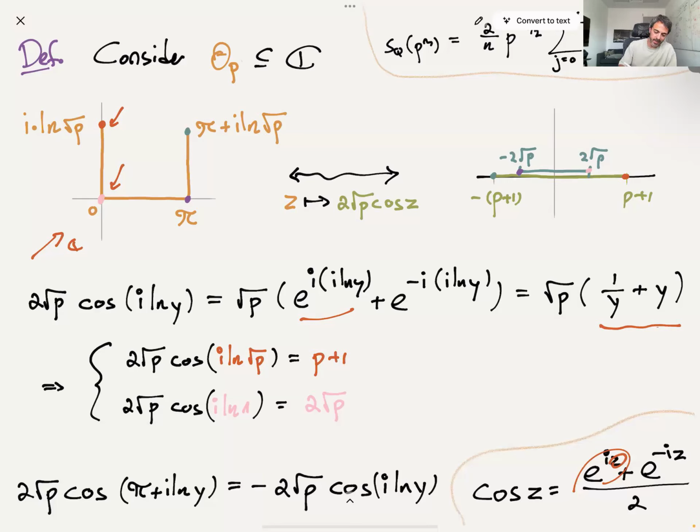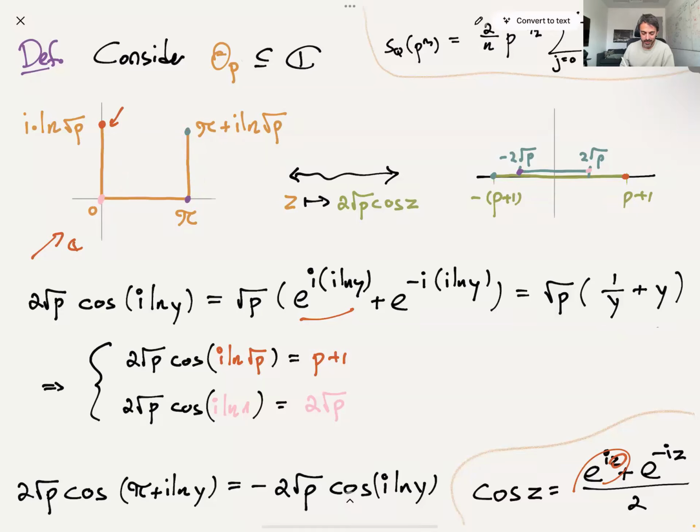For this line segment, it's the same thing, because 2 square root of p cosine of now this segment is pi plus i ln y, where y goes from square root of p to 1. But the pi just adds a minus to the cosine. So the previous calculation reflects around 0. So this is mapped here, you see this pink dot is that pink dot, and this part is mapped here.